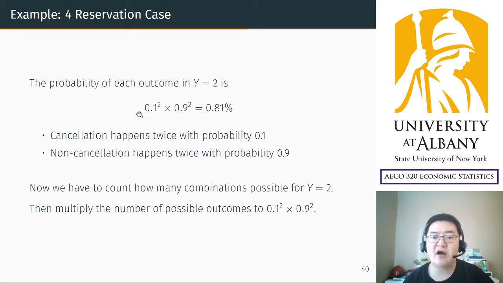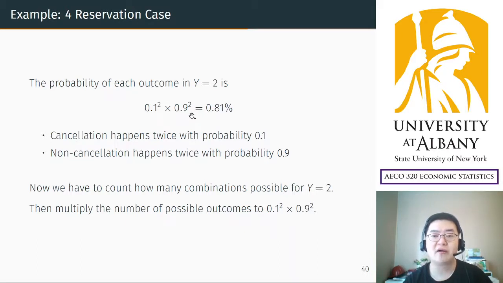So you multiply four numbers, because there are four reservations. If one is a cancellation, you multiply 0.1. If not, 0.9. So four numbers are multiplied, and 0.1 and 0.9 are multiplied as many times as that happened.